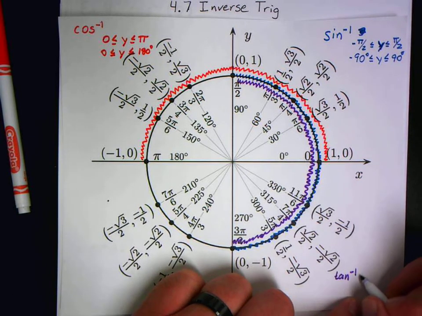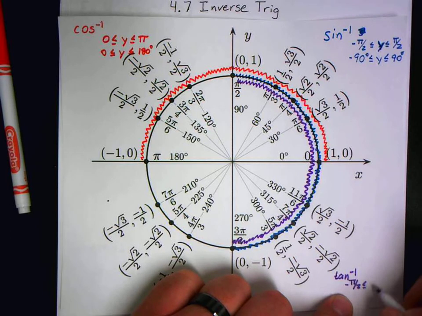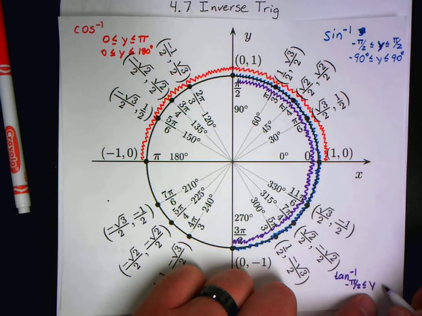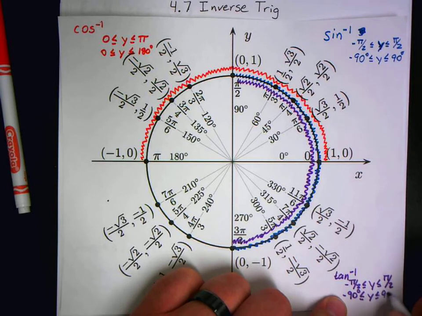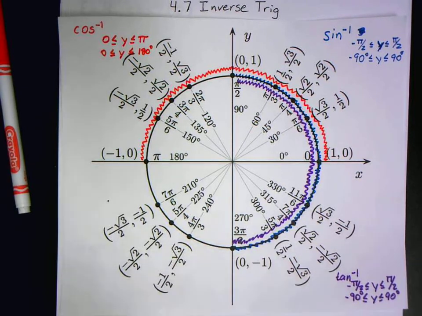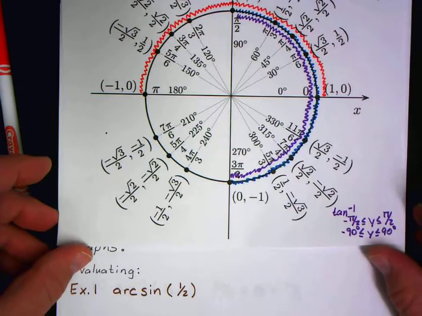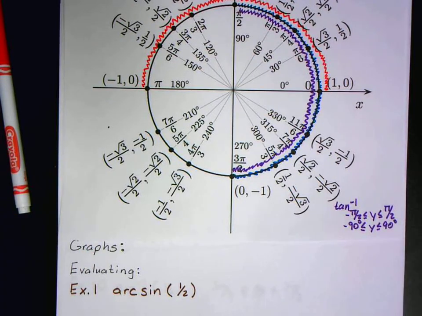So tangent is the same as sine. It could be the other two quadrants, it really could be, but that's not how it's defined. With tangent, I just wrote the same thing I wrote underneath sine.